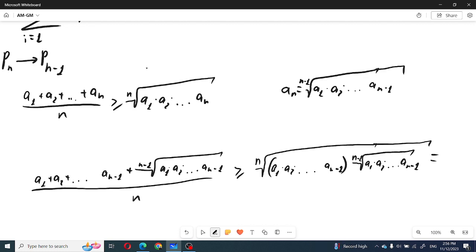Clearly this number equals the (n minus 1)th root of a1 times a2 times all the way up to an minus 1.